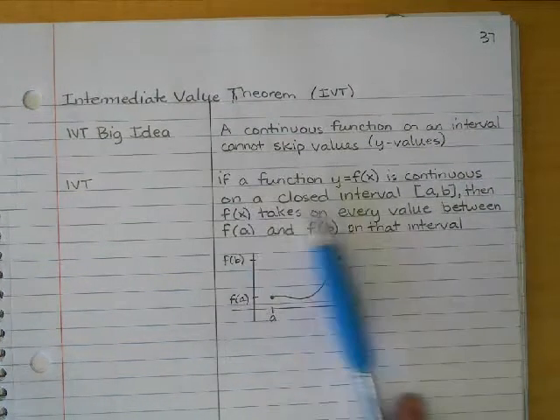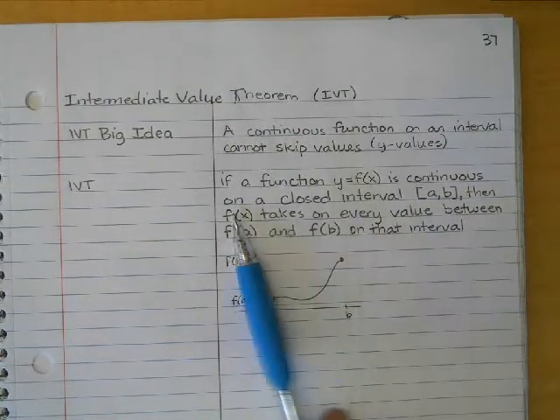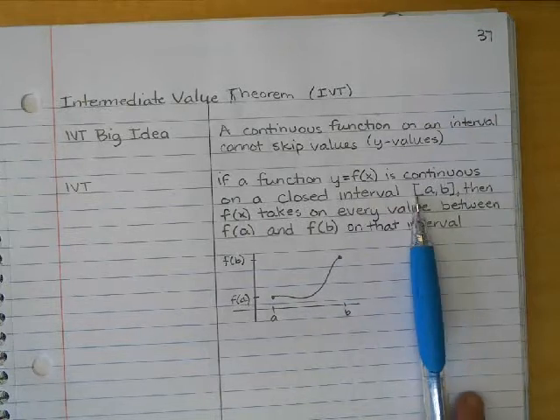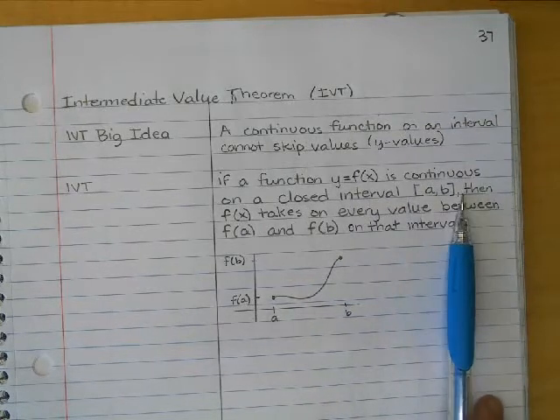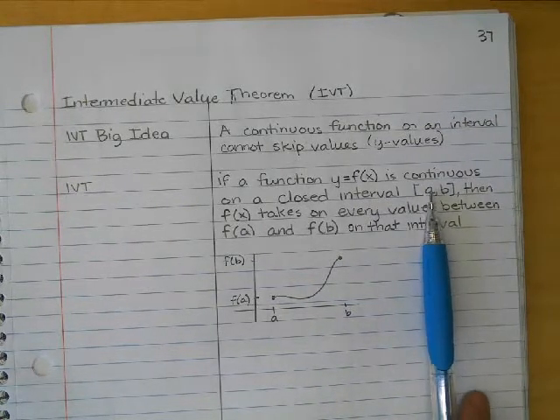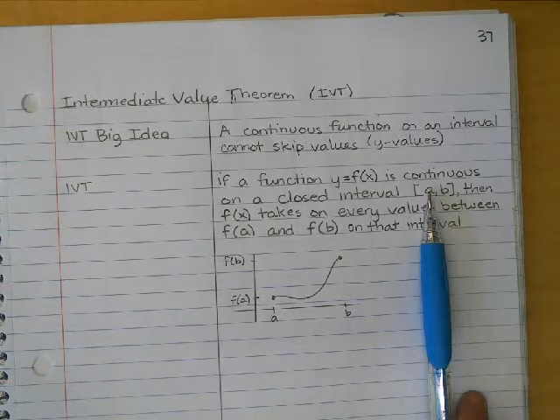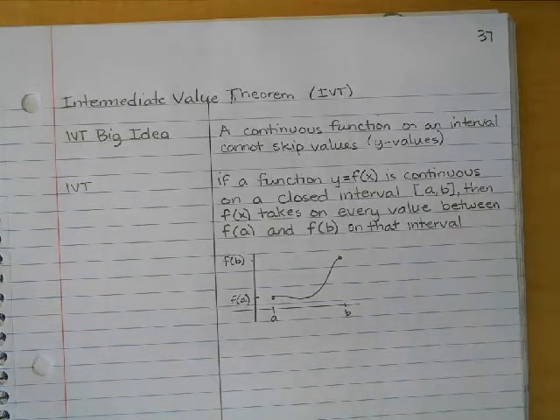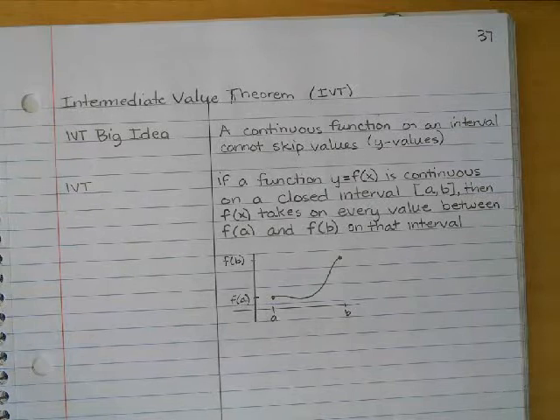So it's saying if a function is continuous on a closed interval, remember closed interval, that's where we get the brackets, that means that it's left-hand continuous at A, right-hand continuous at B, excuse me. Then f of x, or the y value, takes on every value between f of A and f of B on that interval.